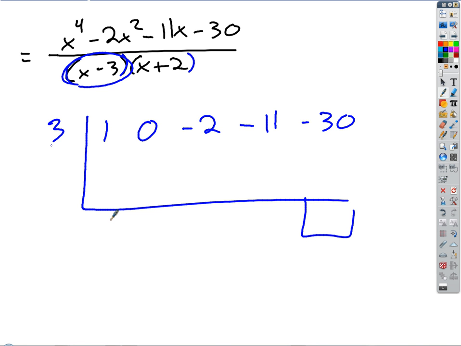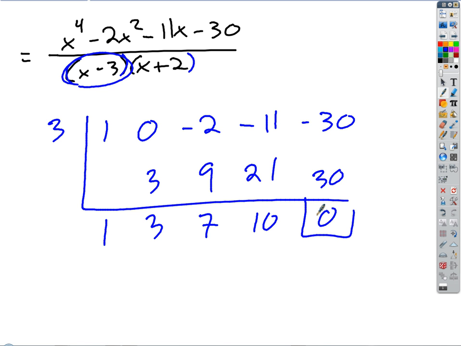If I pull the 1 down, 1 times 3 is 3 plus 0 is 3. 3 times 3 plus -2, and so on. So I get 10, good. 0. So it worked, right? Now I'm going to show you, this is a really good trick.